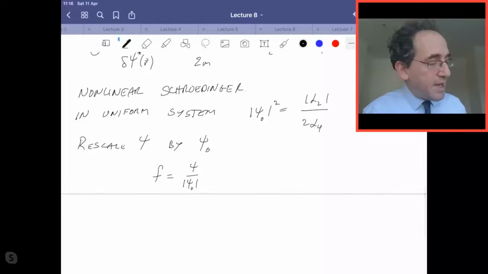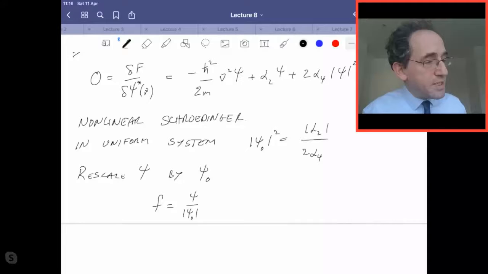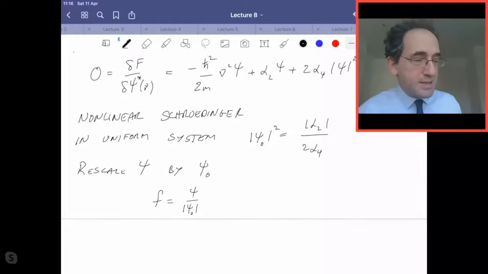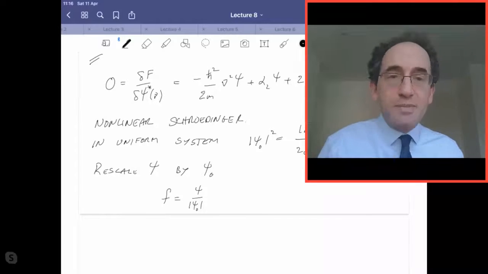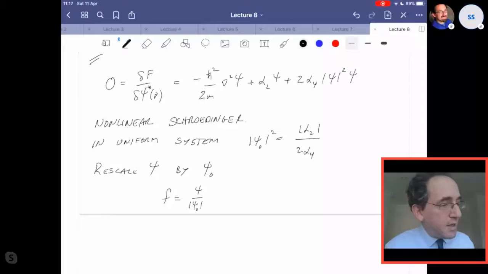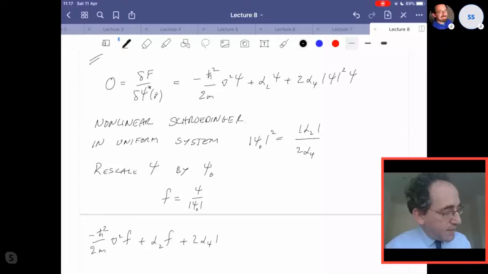And then plug that into our nonlinear Schrodinger equation. And what we get is minus h bar squared over 2m gradient squared of f plus alpha 2 f plus 2 alpha 4 times psi naught squared absolute f squared times f equals 0.